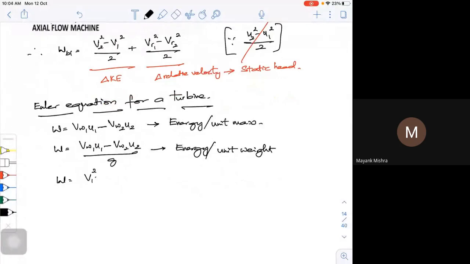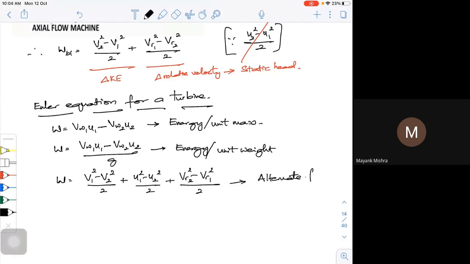In an alternate form, I can write this as V1 square minus V2 square by 2, plus U1 square minus U2 square by 2, plus VR2 square minus VR1 square by 2. So this is an alternate form of your Euler equation.